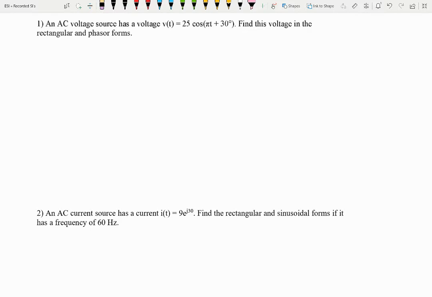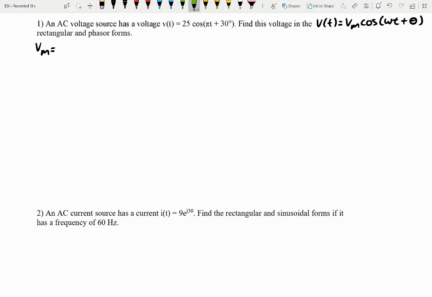From this, we need to pick out some key pieces of information. So Vm, like we said, here we'll write this over to the side: V of t will be equal to Vm cosine(omega t plus theta).